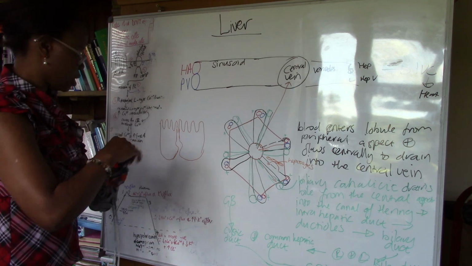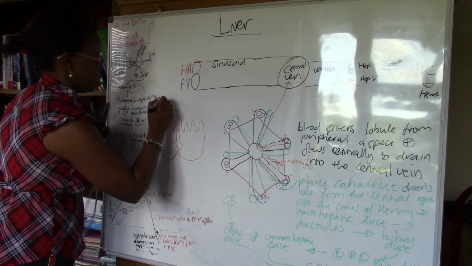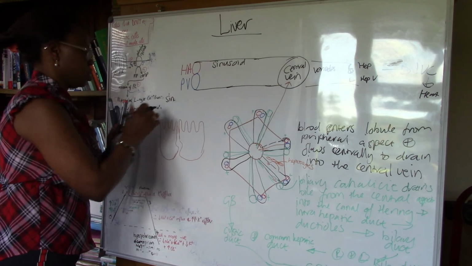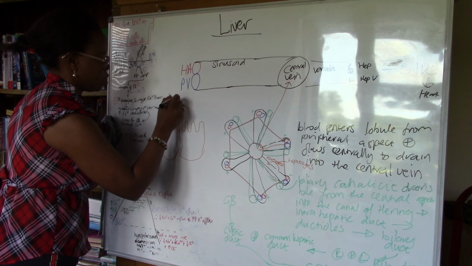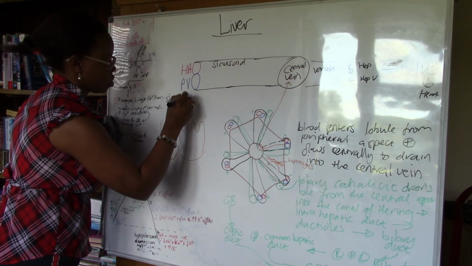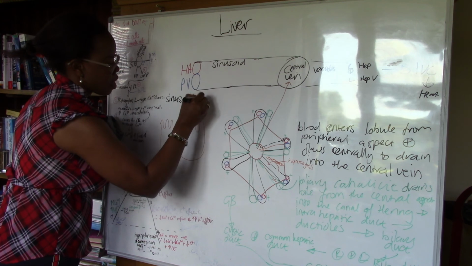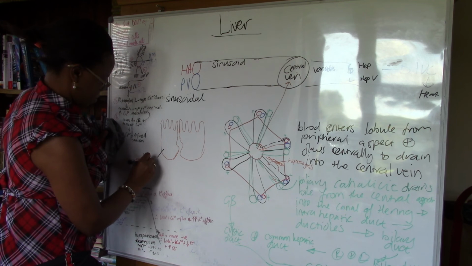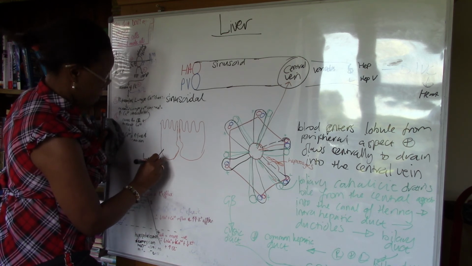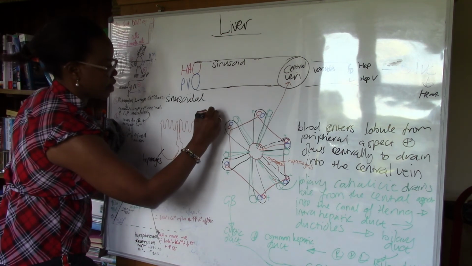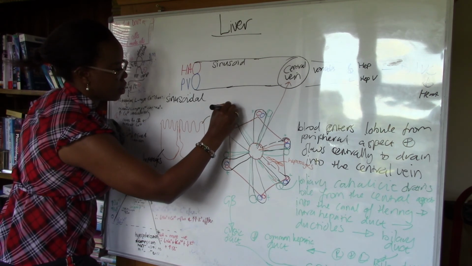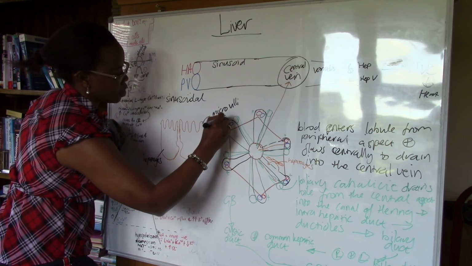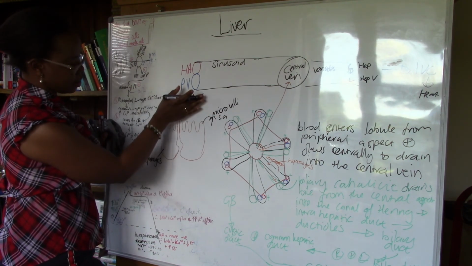So at the sinusoidal aspects, these are hepatocytes, we'll have microvilli to increase the surface area for exchange of stuff.